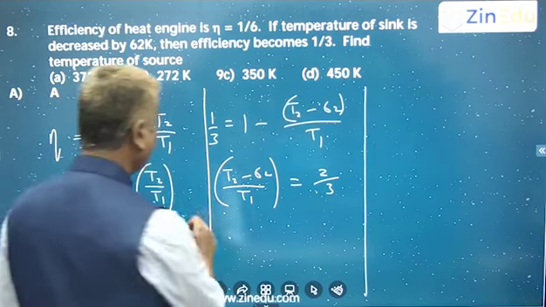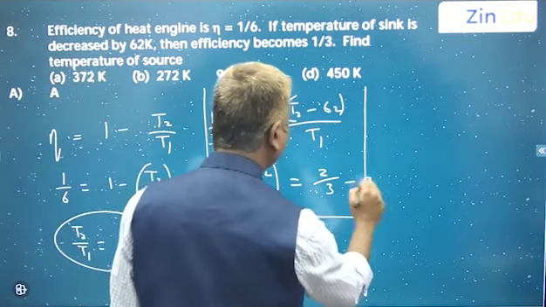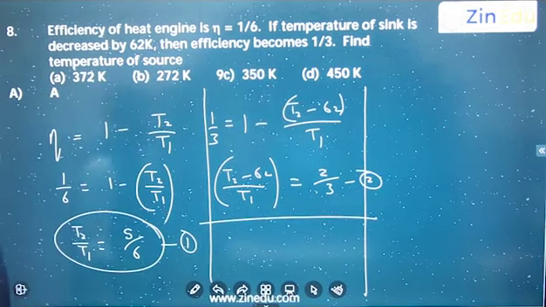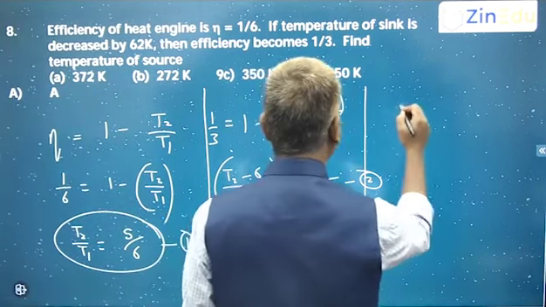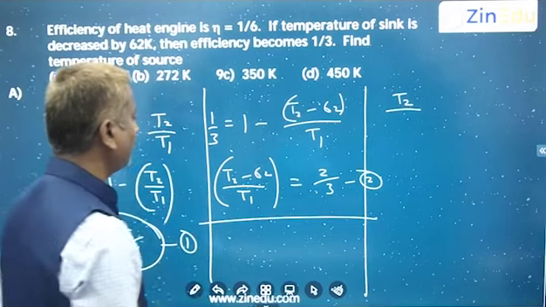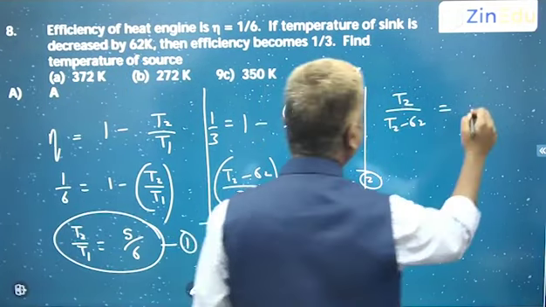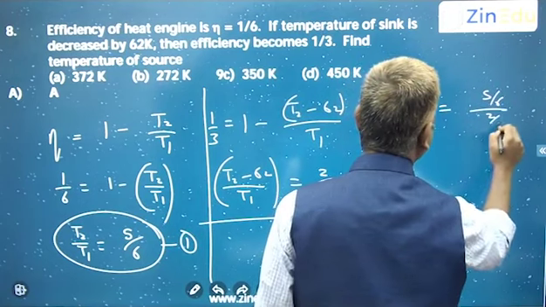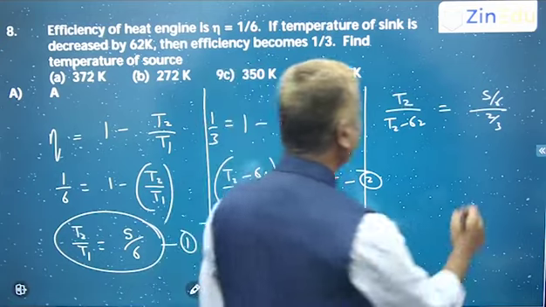So from these two equations, this is the first equation, this is the second equation. Dividing will give you T2, and substituting back the value of T2, you can get T1 also, right? So T2 by T2 minus 62 is equal to 5 by 6 divided by 2 by 3, right? So you'll get 5 by 4.